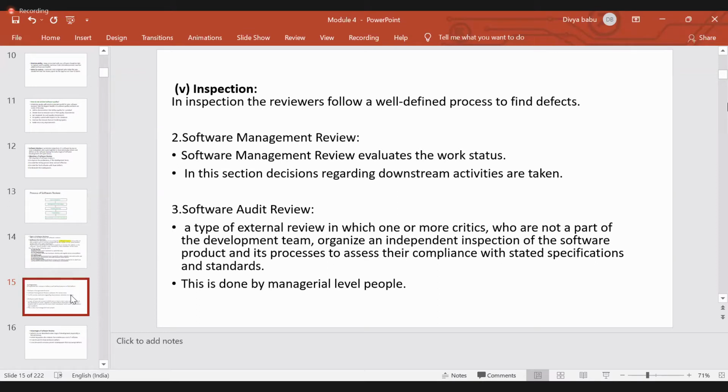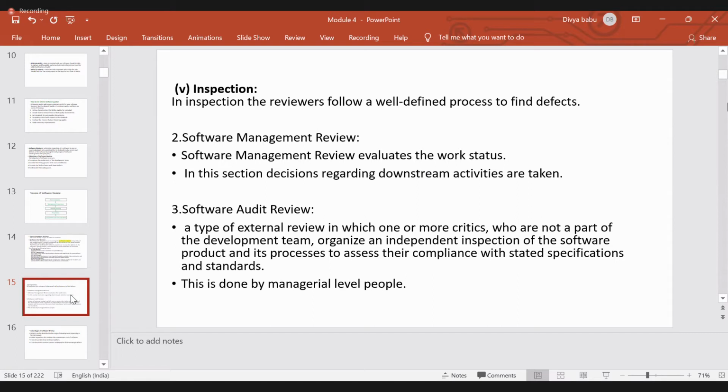It's not a genuine inspection. But if it is done by a third party, they will show all the bugs, whatever their findings, and they will do it in a better way than the team members. So that's why third-party inspection is needed.